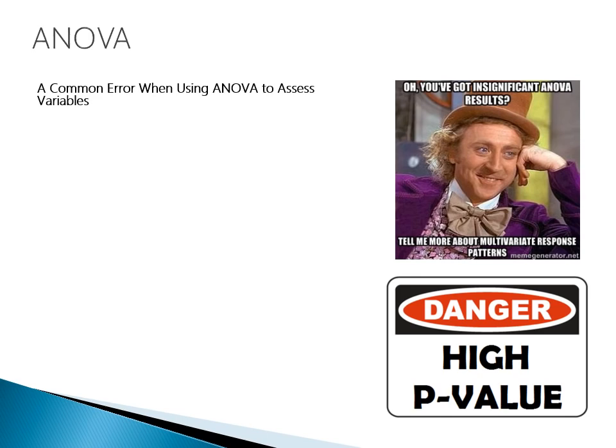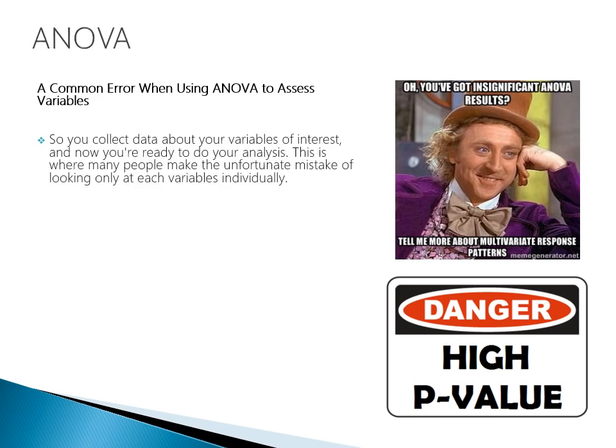A common error when using ANOVA to assess variables is the following. We collect data about our variables of interest, and now we're ready to do our analysis. This is where many people make the unfortunate mistake of looking only at each variable individually.